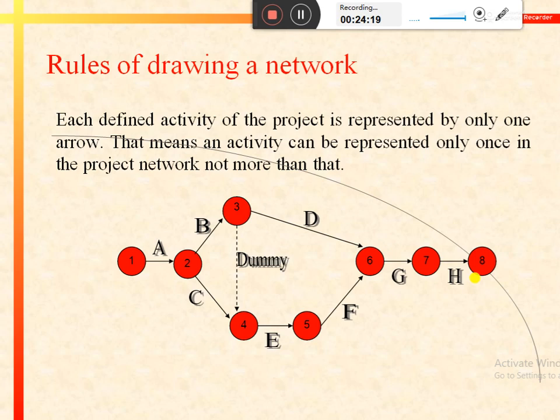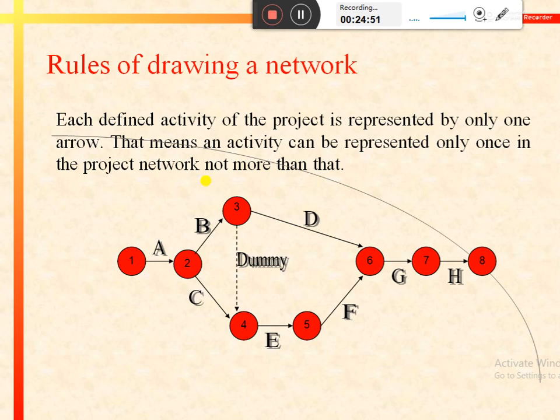For example, activity A is represented in the start of the project as 1, 2. 1 is the starting point of activity A and 2 is the terminating point for activity A. Except that, we have shown activity A nowhere in the network. So activity A is represented only once in this network, and similarly other activities are also represented only once.